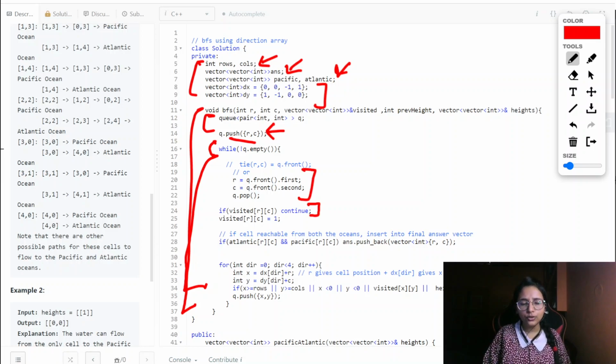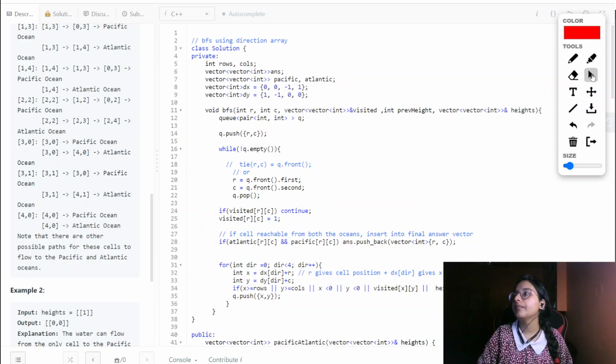So that's why I'm directly continuing, and if it is not visited, then I'm marking it as visited. So basically this visited represents the Pacific and Atlantic vectors which we had taken earlier. Basically this was for this fact only, whether it is visited or not. And then if both Atlantic and Pacific visited contain that node, then we will be pushing that to our answer. So that's the thing which we will be doing here.